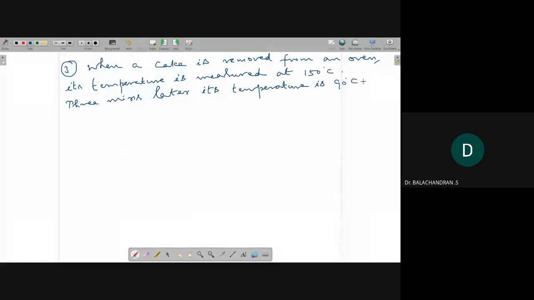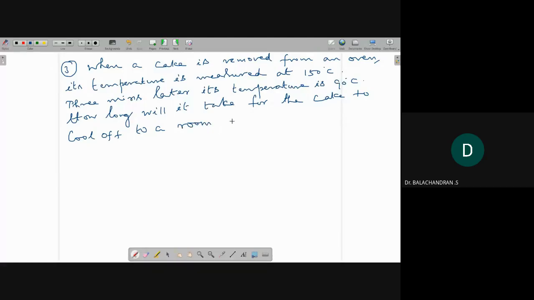How long will it take for the cake to cool off to a room temperature of 20 degrees Celsius?